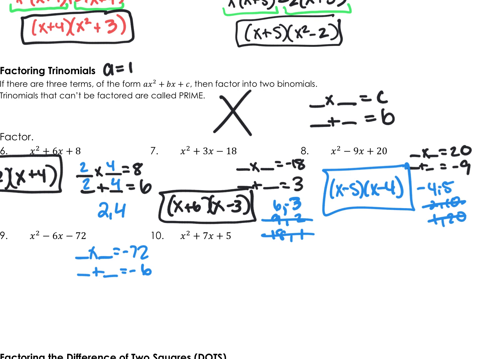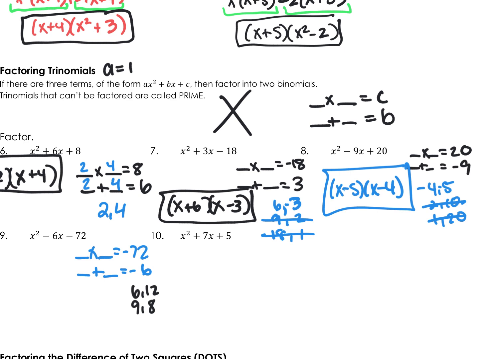Which one makes 72? 6 and 12. What else? Is it 9 and 8? 9 and 8. That's what it is. 9 and 8 makes 72. There's a few different combos out there. Those are some of the most common ones.